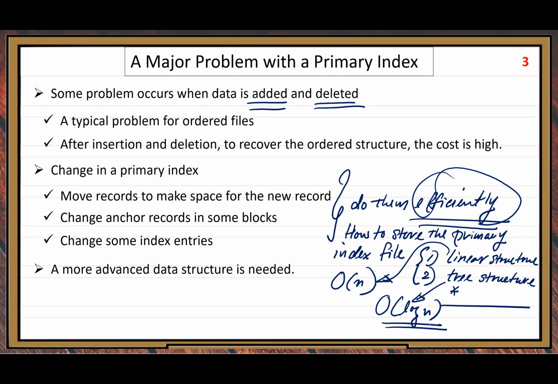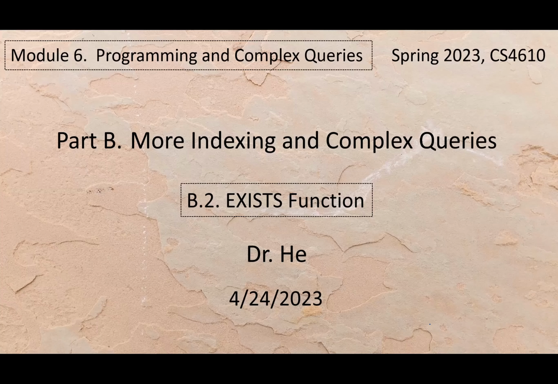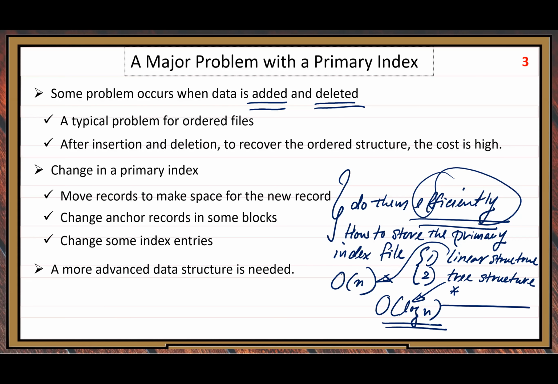A more advanced data structure is needed. That's the tree type data structure. For this class, because we don't have much time left, I cannot talk about the details of those special tree structures. But I can give you one type of data structure called B tree.